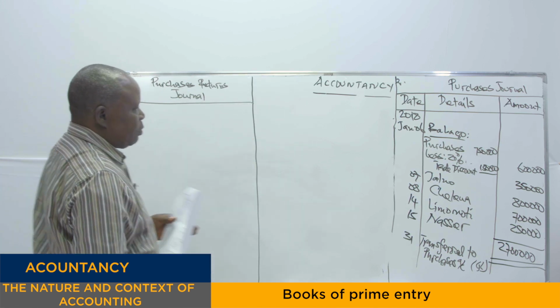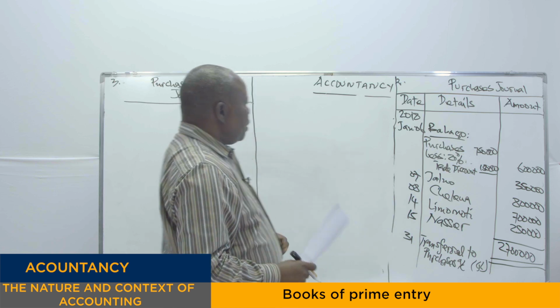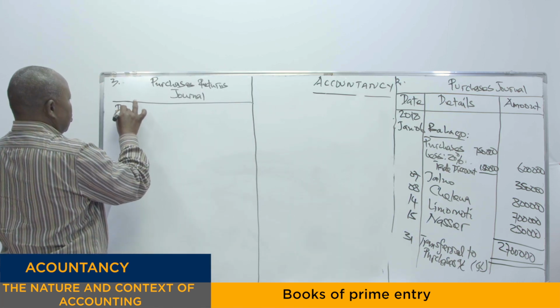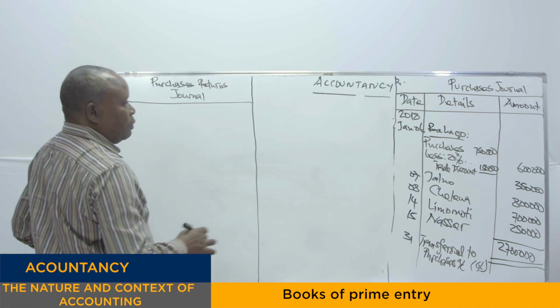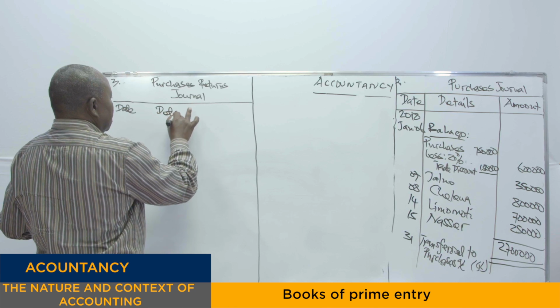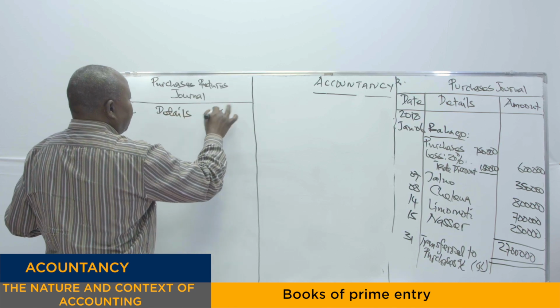We'll have the same columns like here. So we'll have the column for date, we have a column for details, and we have the column for amount.